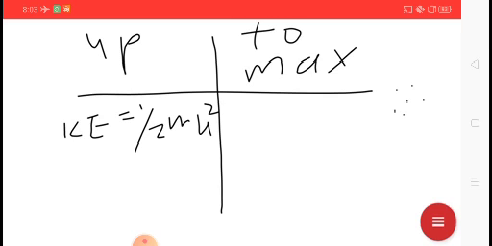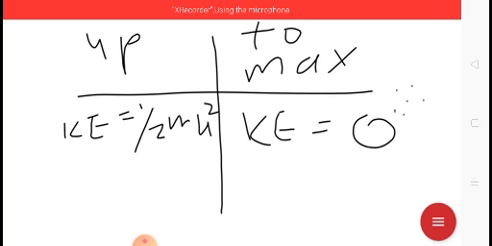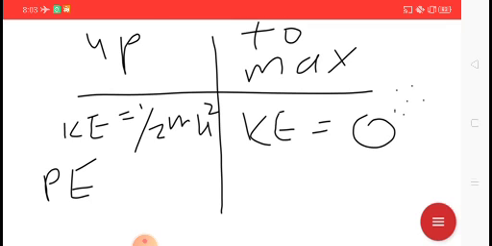And when the ball reaches the maximum height, KE equals 0, because at maximum height v equals 0. At the beginning, we assume the ball is thrown from a reference point where PE equals 0.